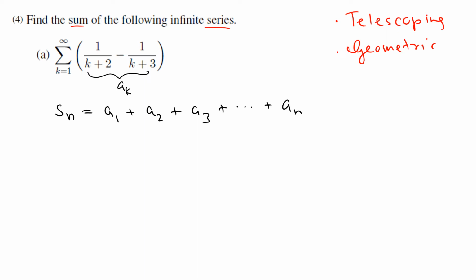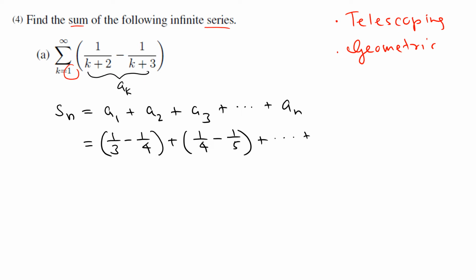Good. Now let's plug in for that. For the first term, you start at the first index value, which is k equal 1. If you plug in k equal 1, you get 1/3 minus 1/4. That's the first term. The second term is you plug in k equal 2, so you get 1/4 minus 1/5, like that. And then you plug in the last index value, which is n.